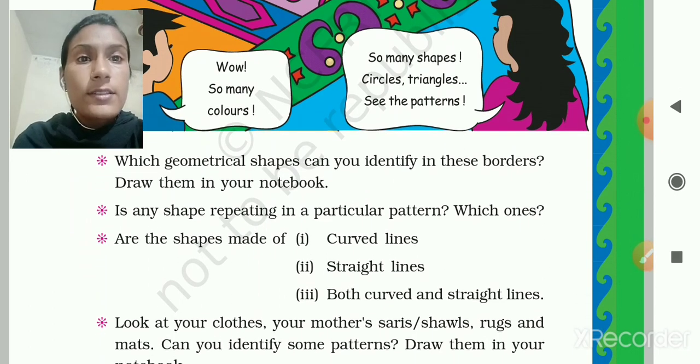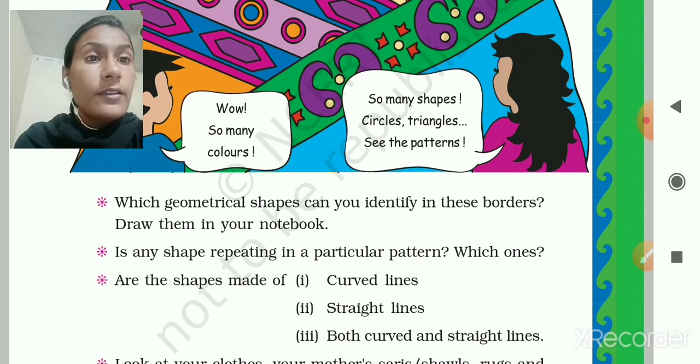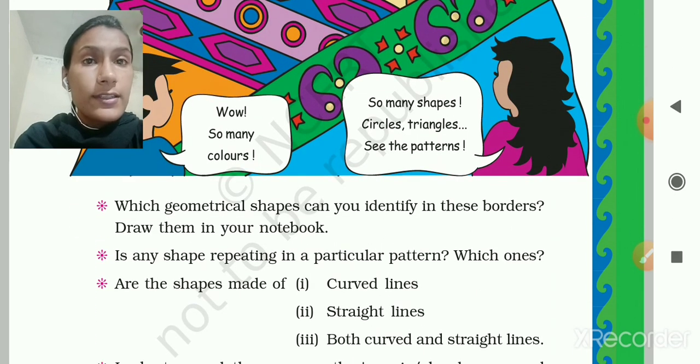The next one is, are the shapes made of curved lines, straight lines, or both curved and straight lines? Here we have to find out the shapes that are made of curved lines, straight lines, or both.